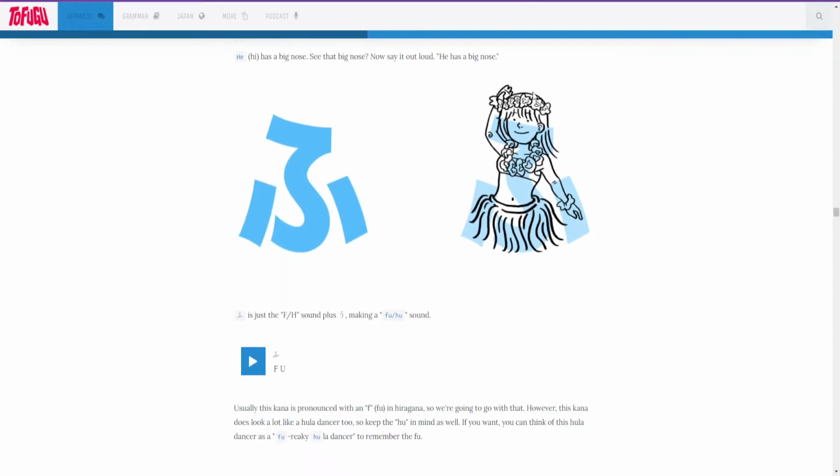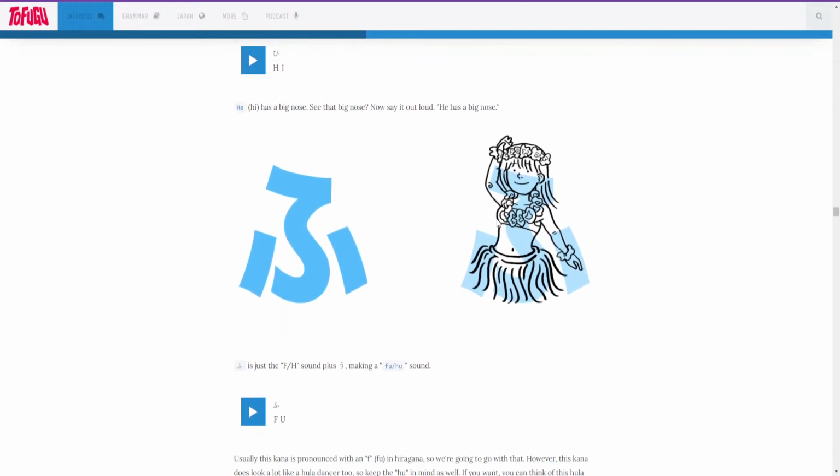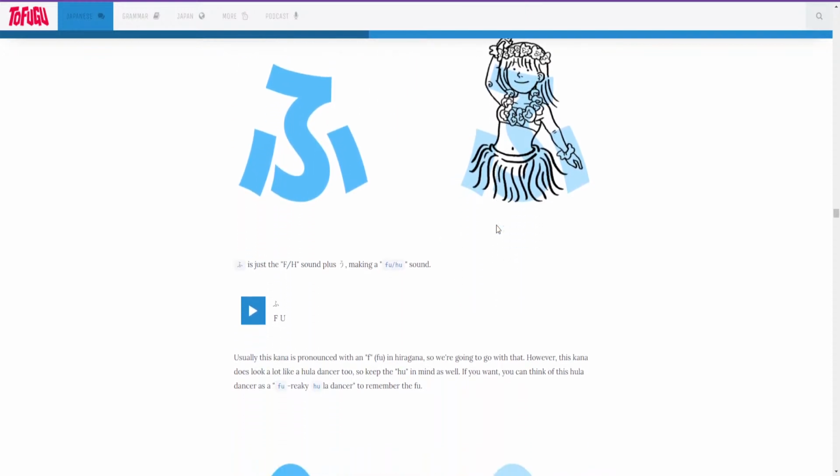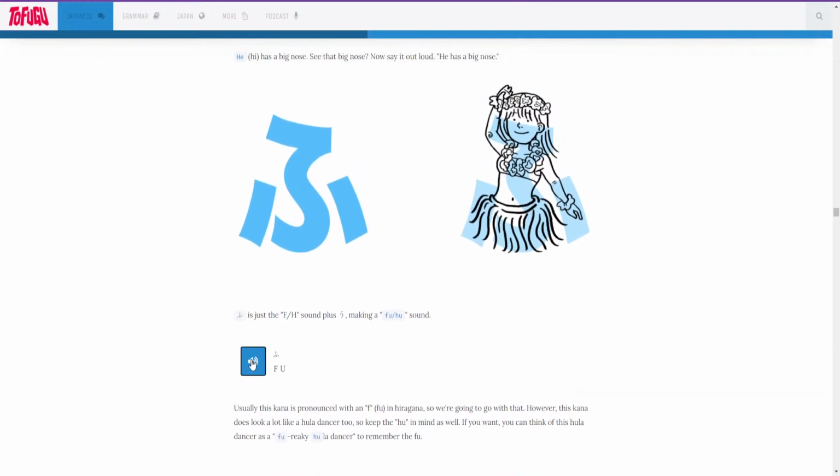Next we have fu, which is pronounced with an F. But it sounds, let me see if you can hear this. It almost sounds like it's just air passing through, but there's a slight F sound in there, but it's mostly the oo sound.